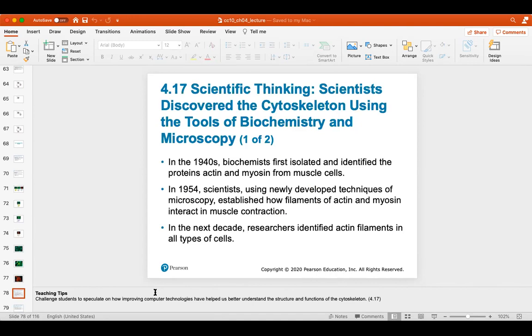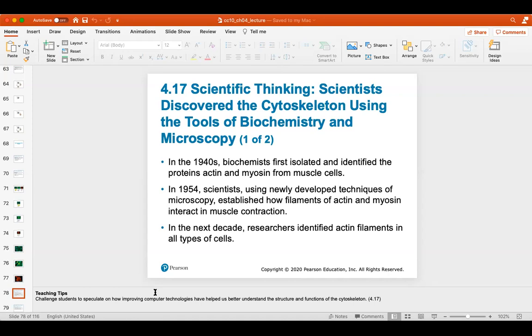Scientists discovered the cytoskeleton using the tools of biochemistry and microscopy. In the 1940s, biochemists first isolated and identified the proteins actin and myosin, which form your muscle cells. In 1954, scientists, using newly developed techniques of microscopy, established how the filaments actin and myosin interact in muscle contraction.